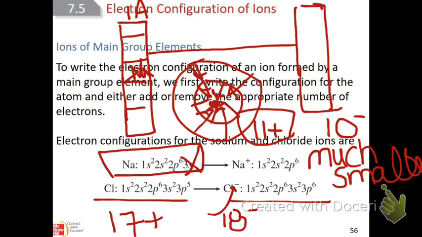Is it going to get smaller or larger? I hope you can see that since it has only 17 positive charges trying to pull in 18 negatives, it is not going to be able to contain them, and it is going to grow larger. So this is going to get larger.